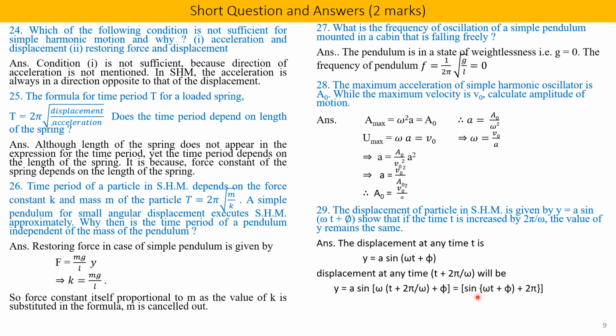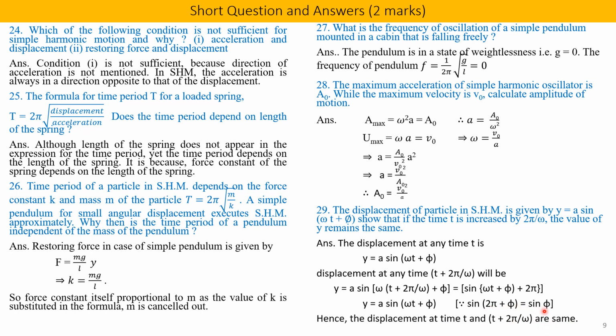That is sin(omega t plus phi plus 2 pi), and therefore y equals sin(omega t plus phi), because sin of (2 pi plus phi) is equal to sin phi itself. Hence, the displacement at time t and t plus 2 pi by omega are the same.